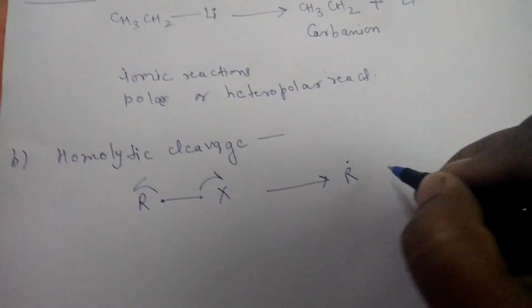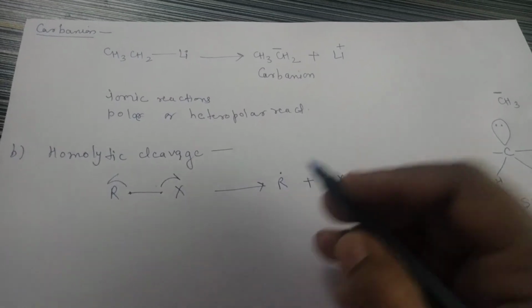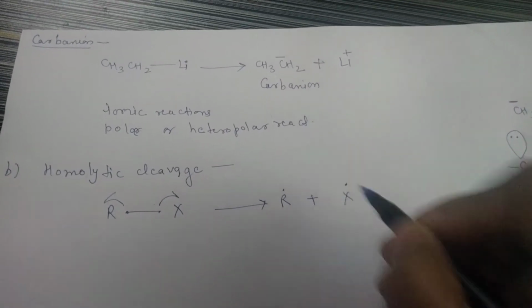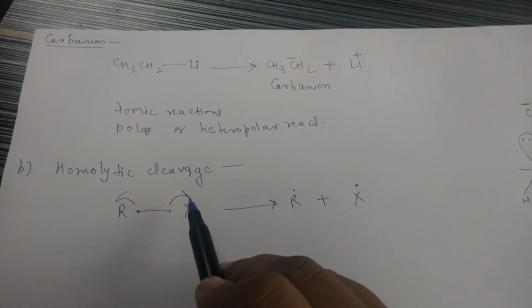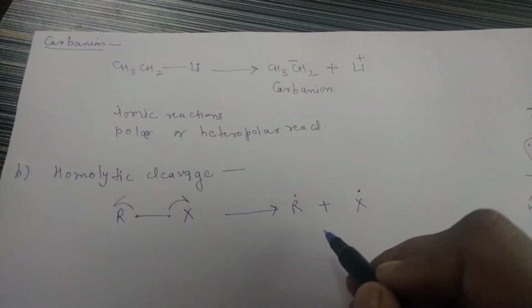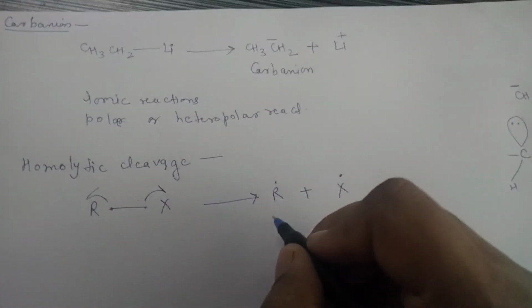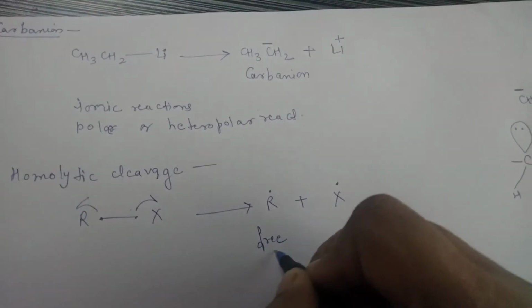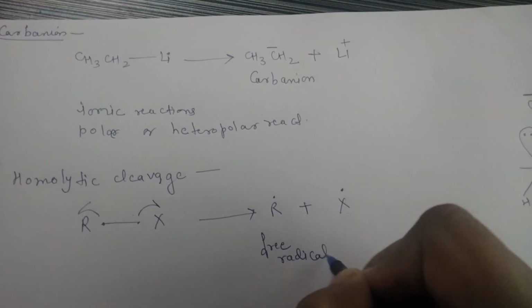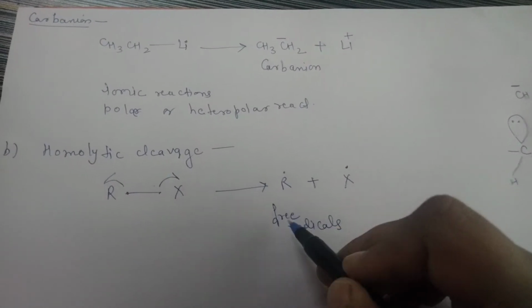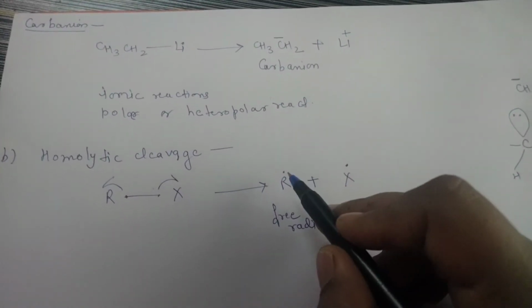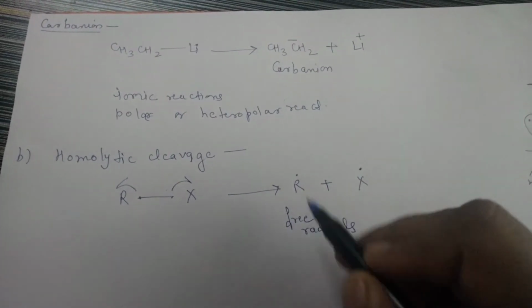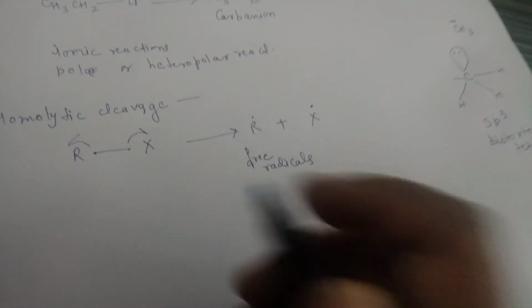R dot with one electron and X with one electron. These species are called free radicals. These are also very reactive because having one electron which it can share, give or take, they are highly unstable reactive species.